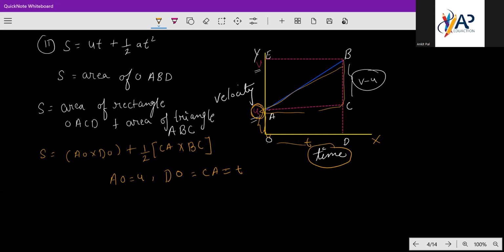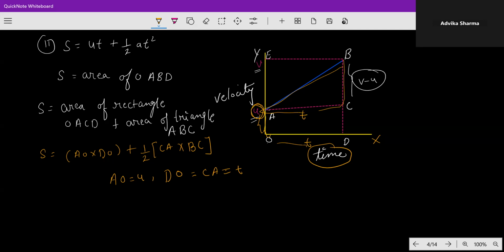This much part is clear or not? Yes. OD and AC are equal in length. If we say OD is equal to t, then we also say AC is equal to at.